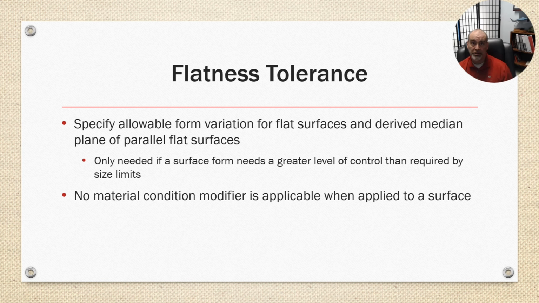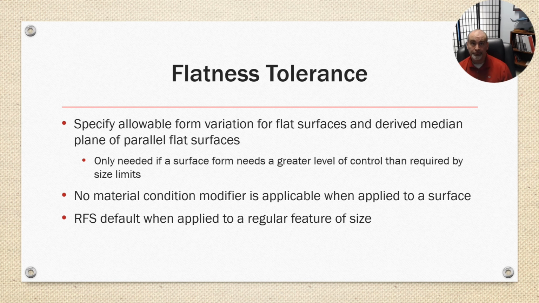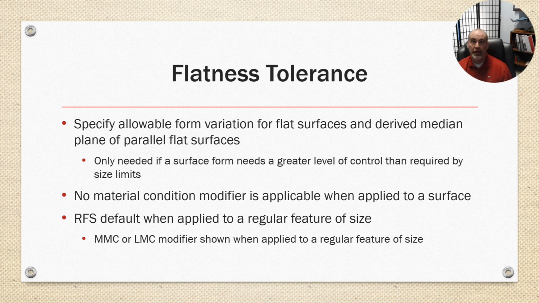No material condition modifier is applicable when applied to a surface. RFS default when applied to a regular feature of size, and MMC or LMC modifier shown when applied to a regular feature of size, and no datum reference.